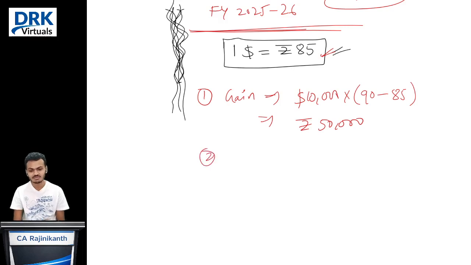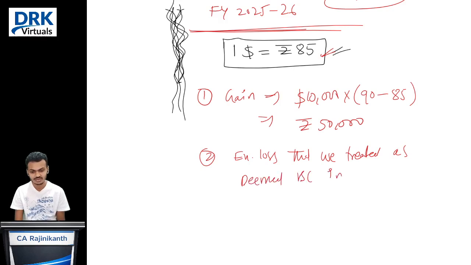In the second step, you write the exchange loss that we treated as deemed borrowing cost in the previous financial year. In our example, how much? That is rupees 44,000, correct?